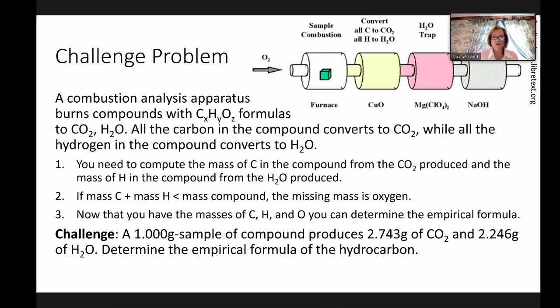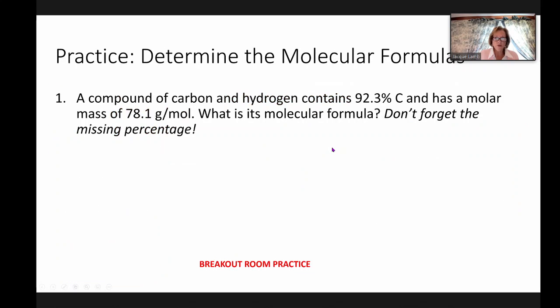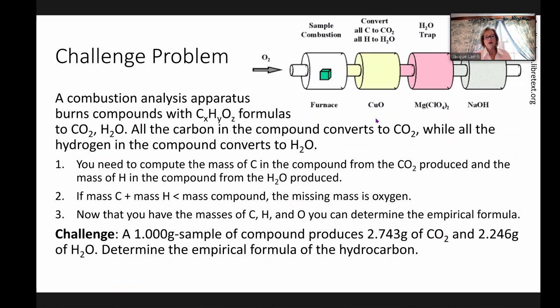One of the more common ways of analyzing organic compounds: most organic compounds contain just carbon and hydrogen, but many contain other components as well, like oxygen, nitrogen, and sulfur. But mostly they're carbon and hydrogen.